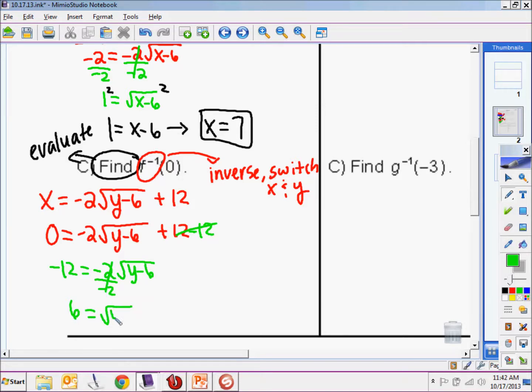Now what do I do? Square. And 6 squared is what? 6 squared is 36 equals y minus 6. I have to add 6. So y equals what? 42.